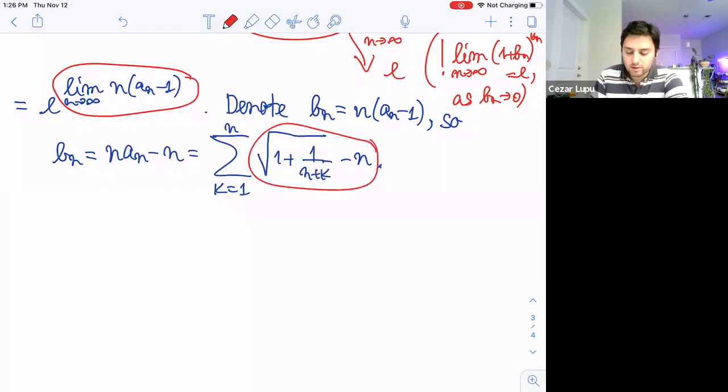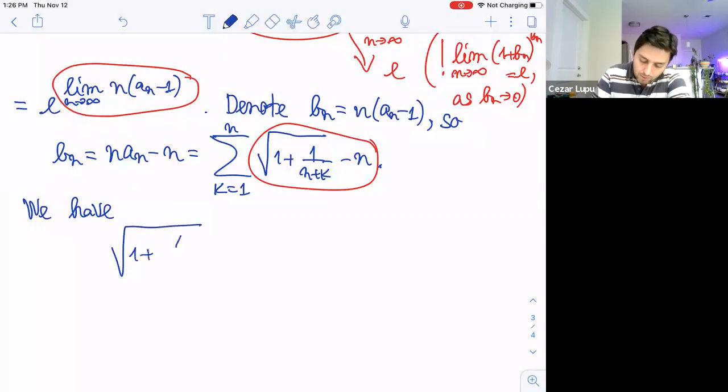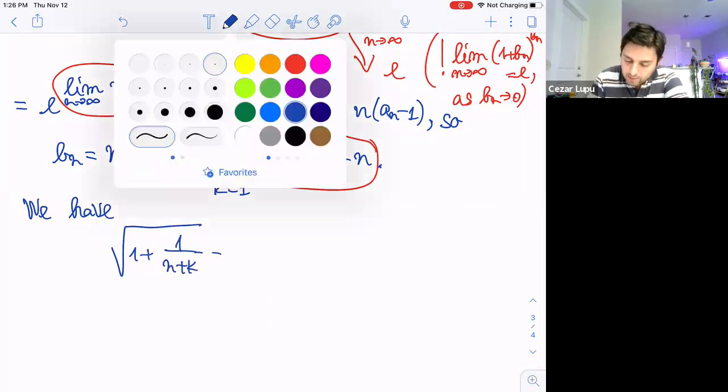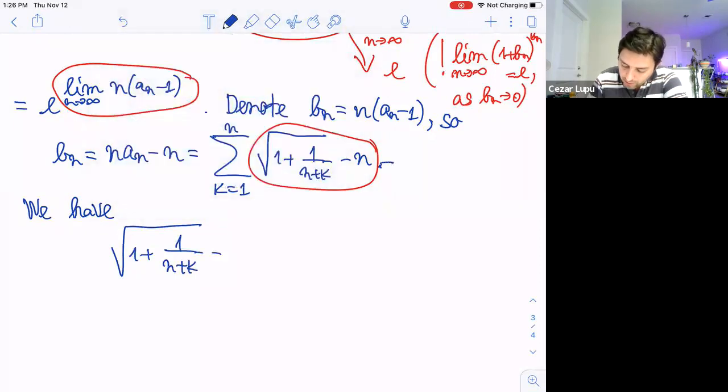We have the square root of 1 plus 1 over n plus k, minus 1. Let me rewrite this a bit better so that you can see it: the square root of 1 plus 1 over n plus k, minus 1.